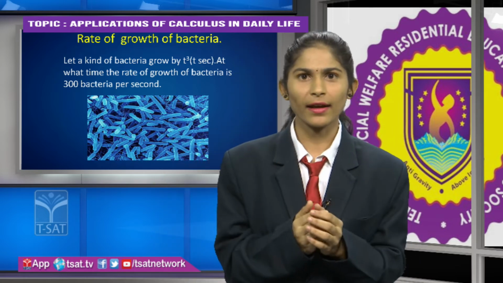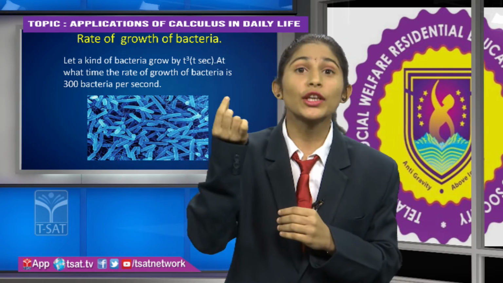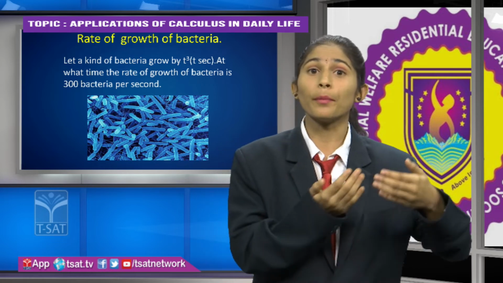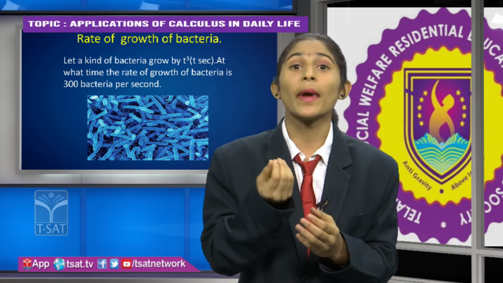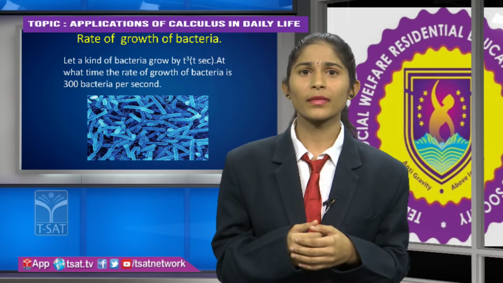Again I am repeating that. Let a kind of bacteria grow by t cube times in t seconds. At what time is the rate of growth of bacteria 300 bacteria per second? Did you understand the problem?